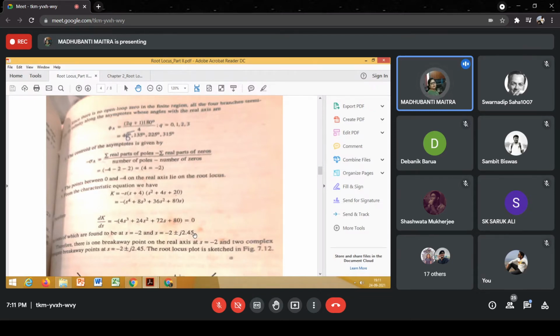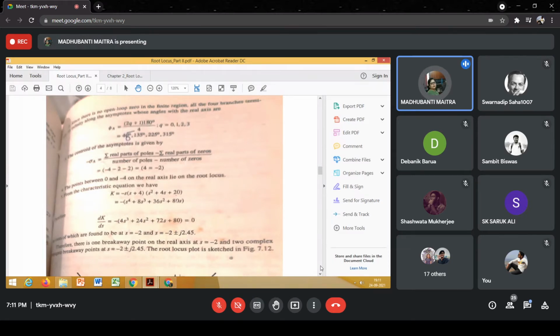In this case, no zero is there. So by all the open loop poles at this particular point, if the angle comes out to be equal to an odd multiple of 180 degrees, then this point will be a breakaway point.